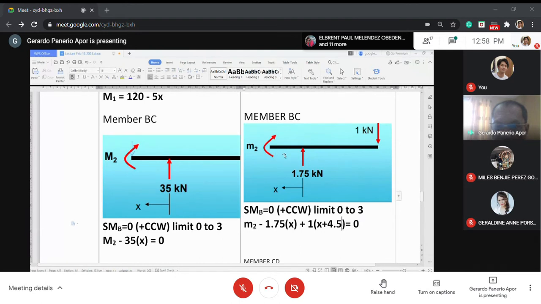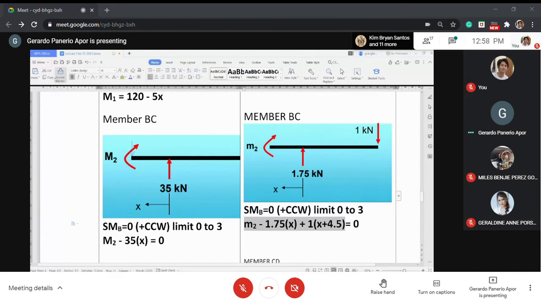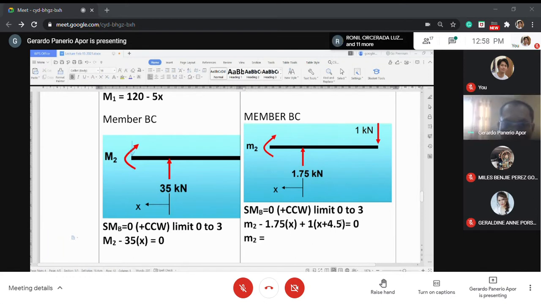This one is still variable, but it's only up to the 0 to 3 limit. This one is already 4.5 at this point. So my equation for m2 is this one. m2 is equal to 0.75x.